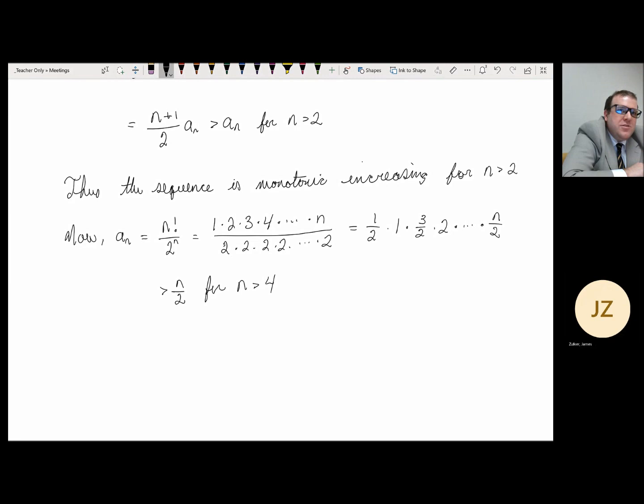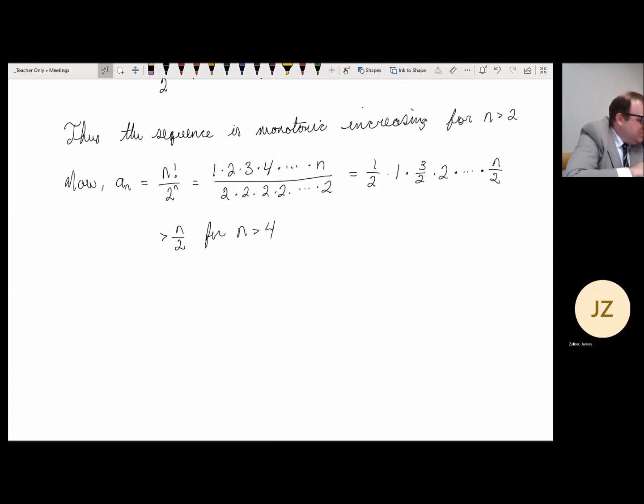This means there's no upper bound. After n equals 4, the terms just keep getting larger and larger and larger. Does n over 2 come in as that reference point?